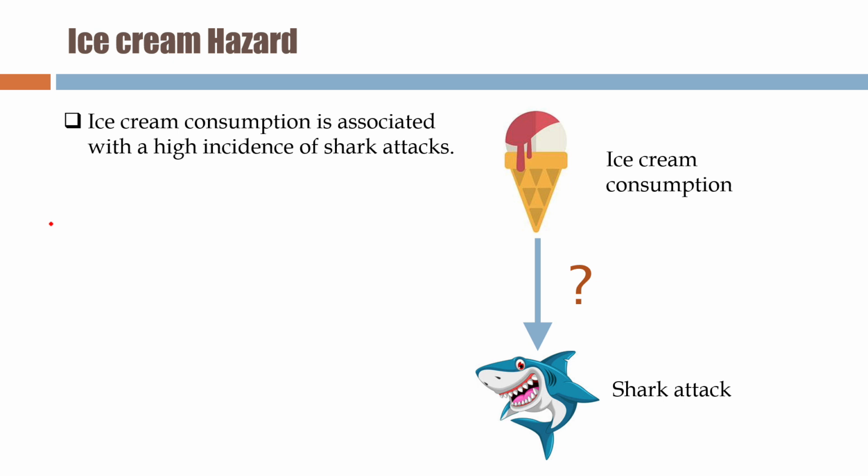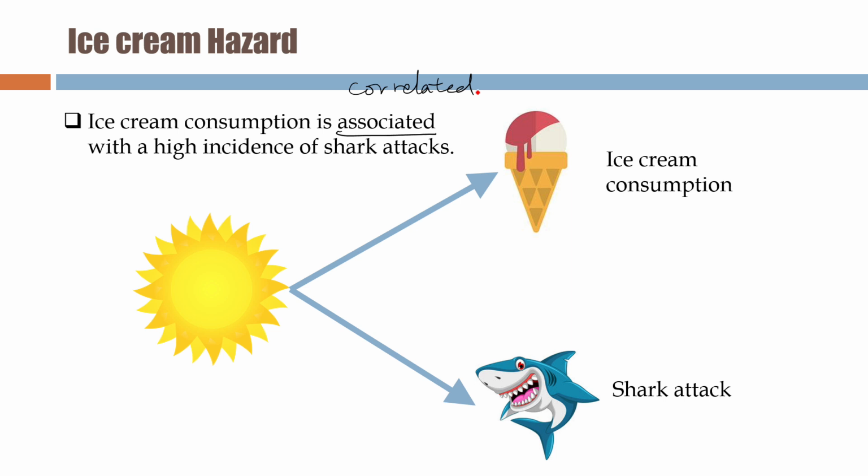Why does this happen? Here, associated means there is a correlation. High ice cream consumption has a correlation with a high incidence of shark attacks.